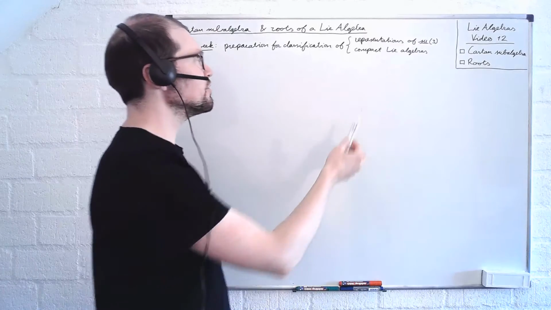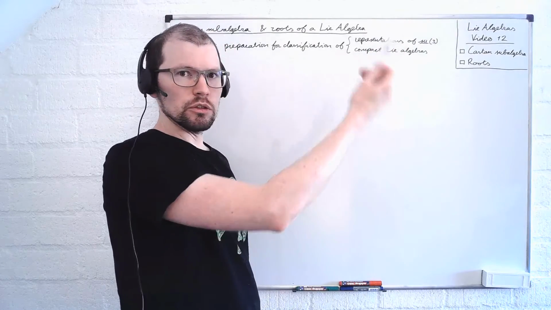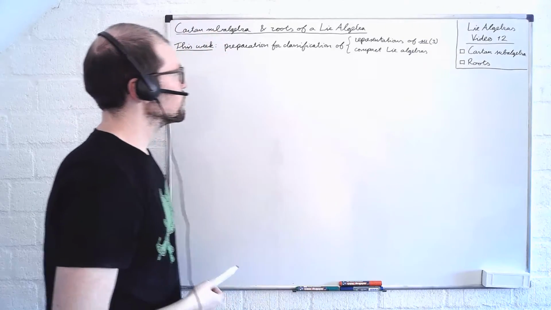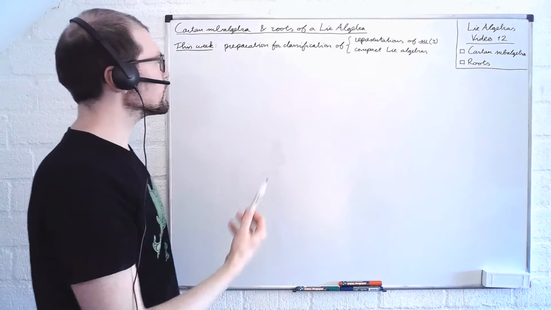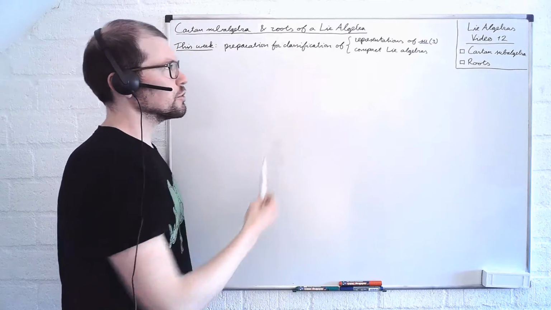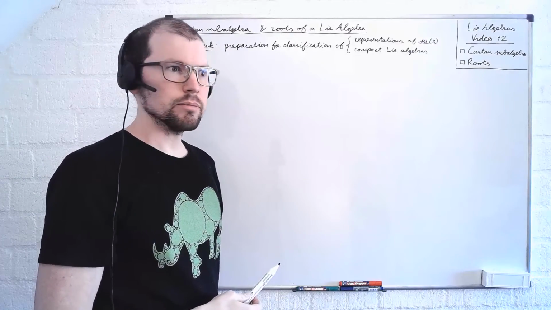And both of these, and also the representations of other Lie groups, rely on some structure that we can discover within the Lie algebra of a Lie group.